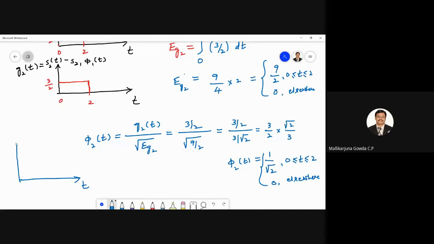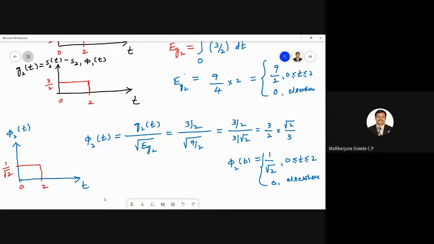So this is phi 2 of t, from 0 to 2, and its magnitude is 1 by root 2. Already I have written phi 1 of t. So one task is done.